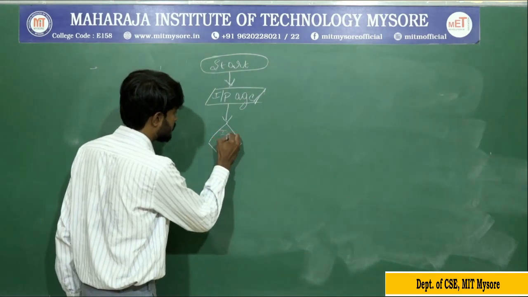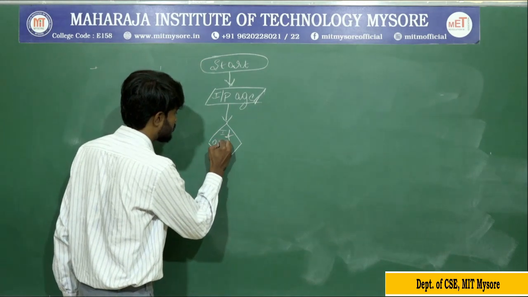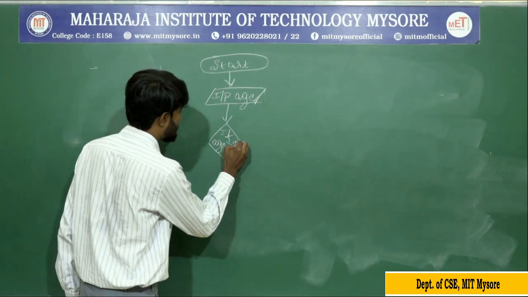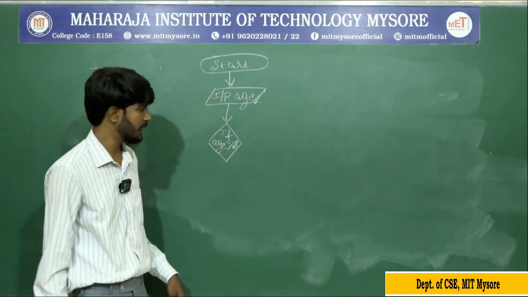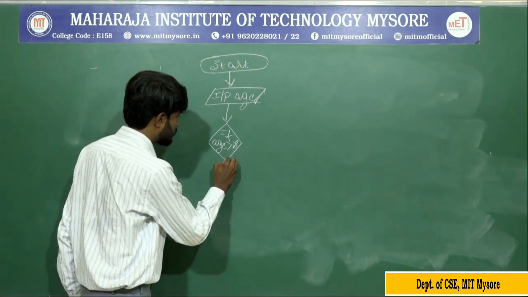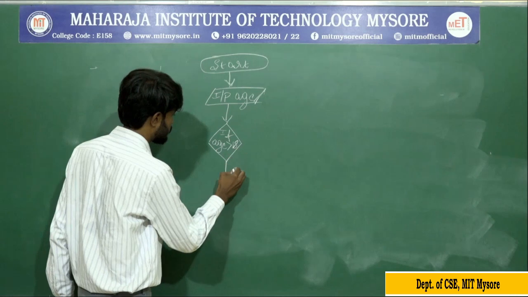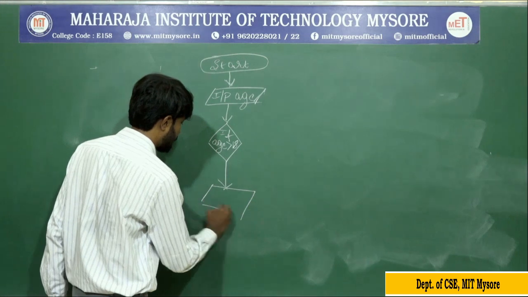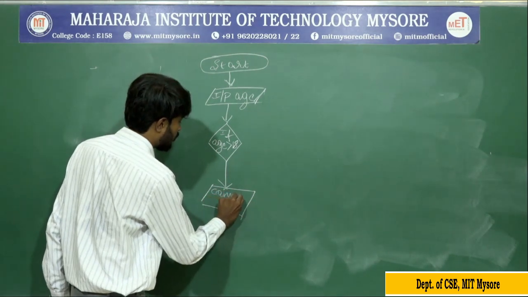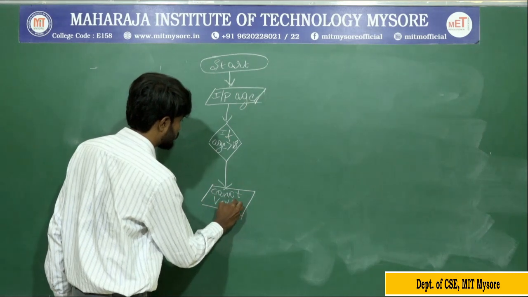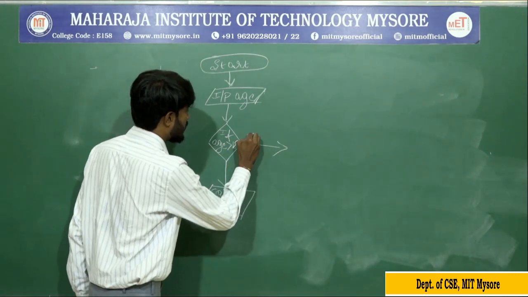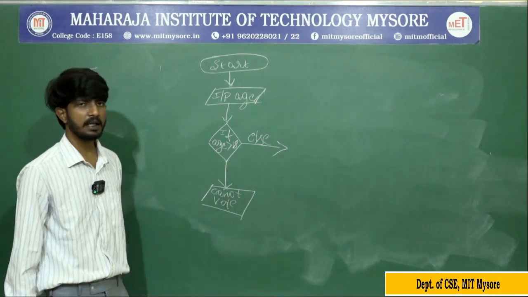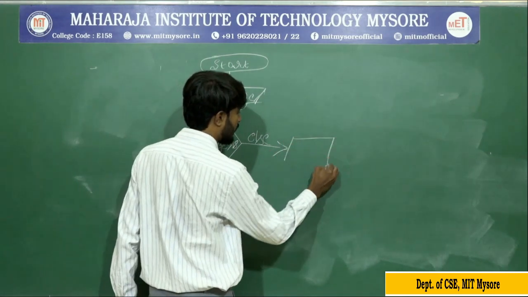If age is less than 18, the output is cannot vote. Else, if the age is greater than 18, the output is he can vote.